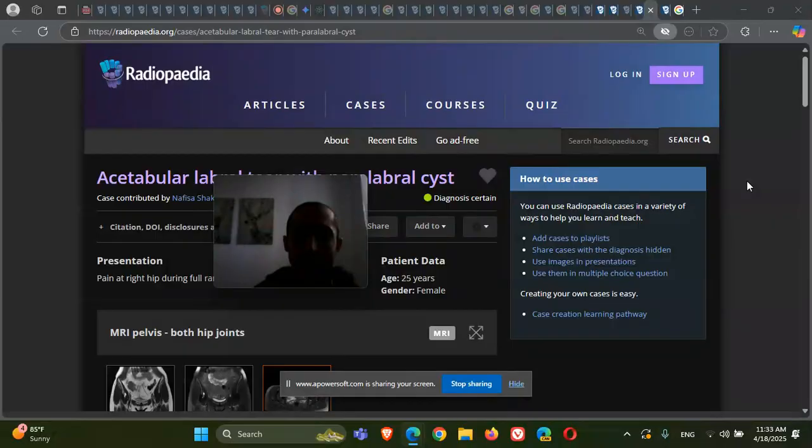We talked about the anatomy there with the labrum and the cartilage, and the anatomy of the proximal femoral part with the head, neck, basicervical region, intertrochanteric area, greater trochanter, lesser trochanter, subtrochanteric area.